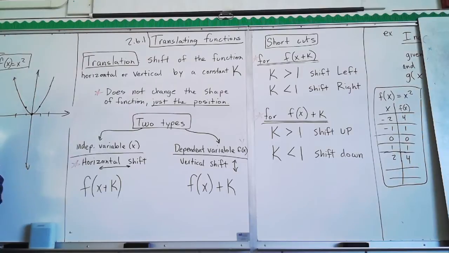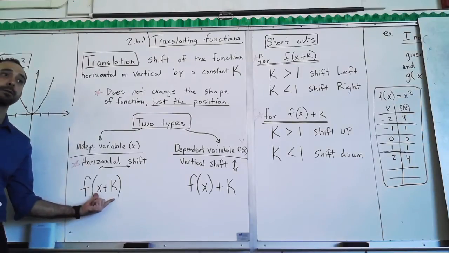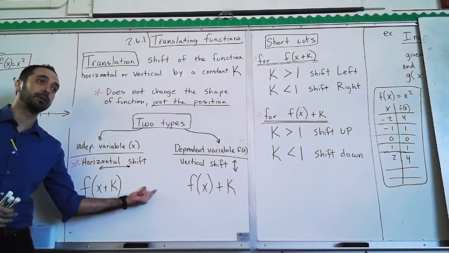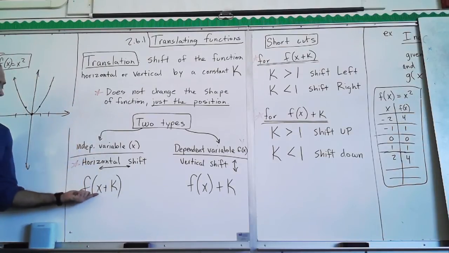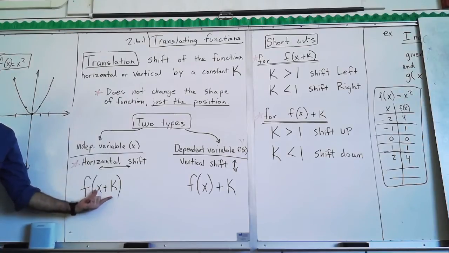Remember that with function notation, anything in the parentheses, I substitute in for my x value. So since we're manipulating the independent variable, we're taking our x value, adding some k value to it, and then plugging it in and working that out.